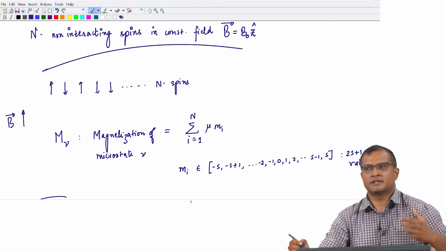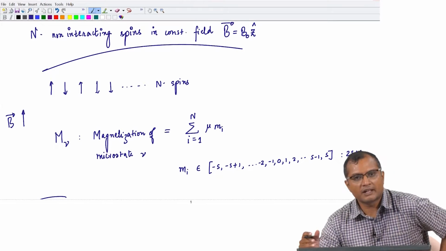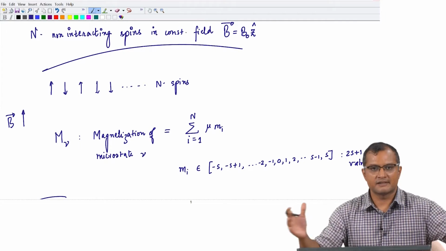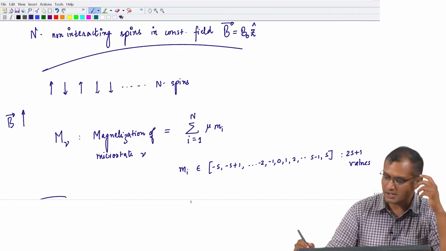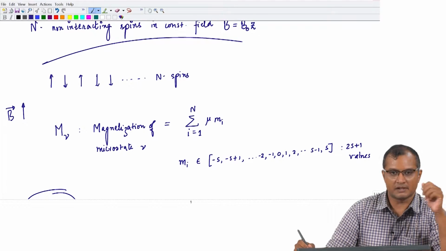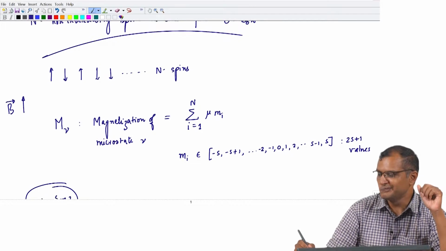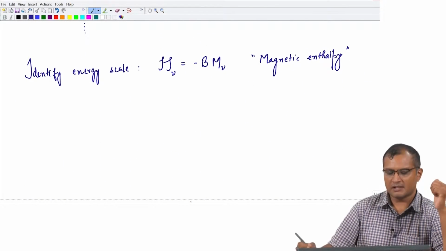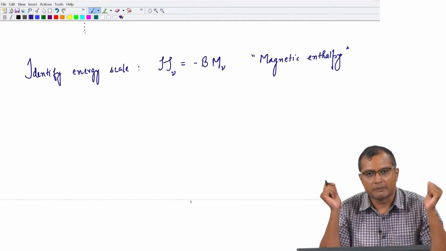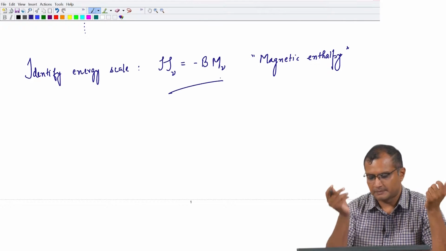Yes, the spins are non-interacting. So, you do not take an Ising-like model where spins have a nearest neighbor interaction, which is given by a coupling constant J. There is no such J. The spins can only talk to an external magnetic field and can align parallel or anti-parallel to the field. So, the energy scale of the problem is nothing but the magnetic enthalpy, which is this.